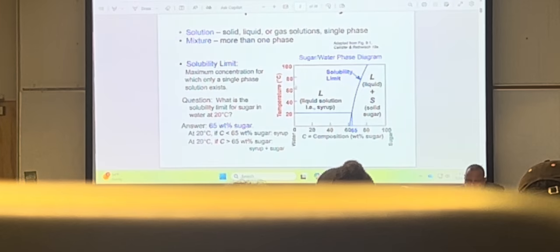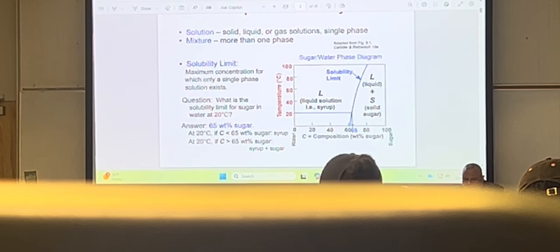So here you see water and sugar. And this is the composition in weight percent sugar. If you are below 60%, you have a very sweet drink. And this is room temperature.